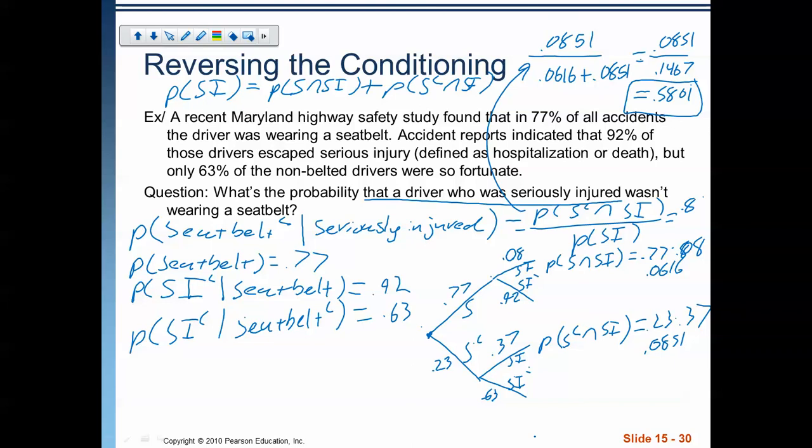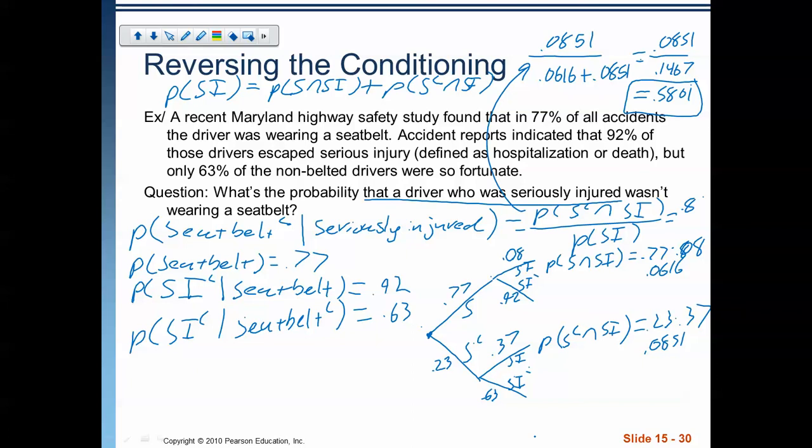Using this formula, I found the two things that I needed to know: the probability of not wearing a seatbelt and being seriously injured over the probability of being seriously injured. And then from there, I knew that I can make a tree diagram to find those two pieces of information that then need to be divided.